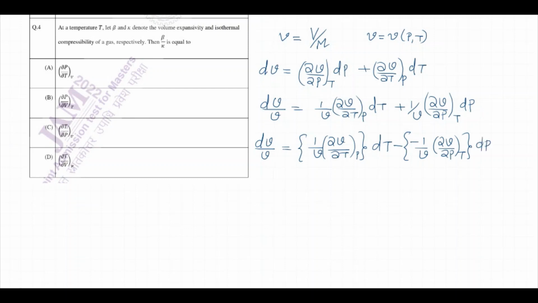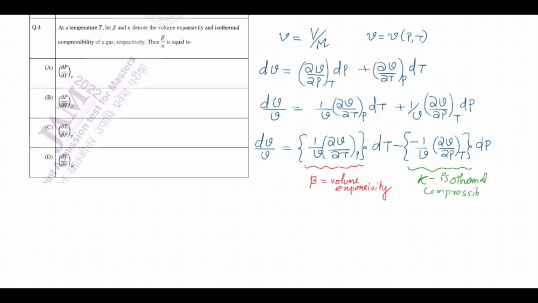The term inside the first curly bracket is nothing but the volume expansivity, beta. And the term inside the second curly bracket is nothing but K, the isothermal compressibility, because this is at a constant temperature.